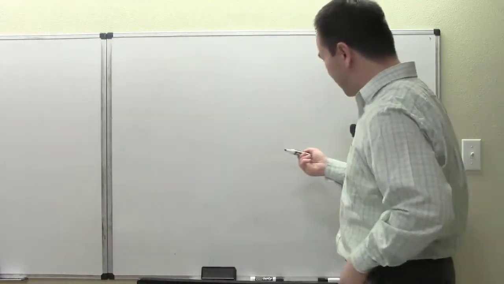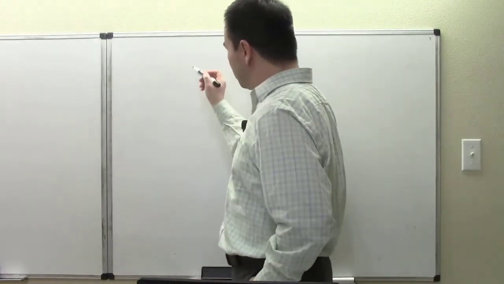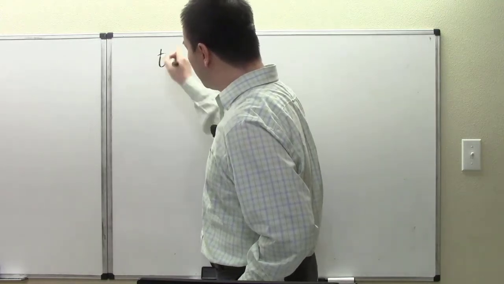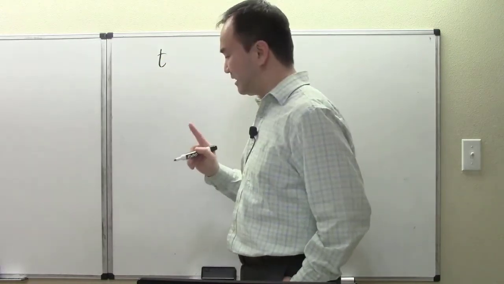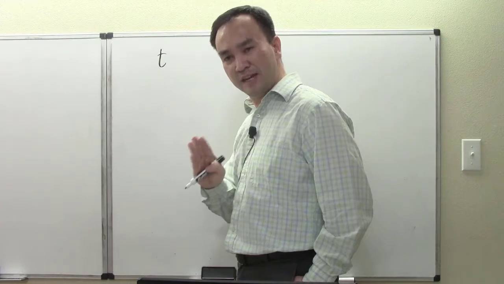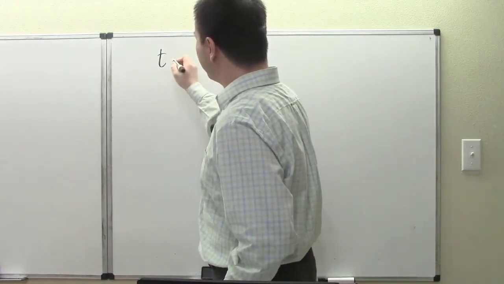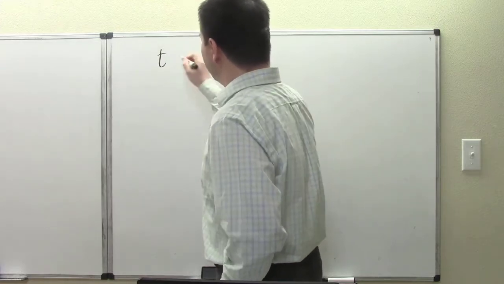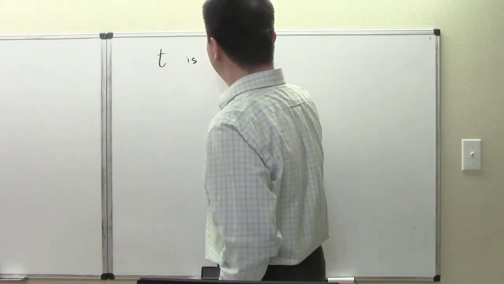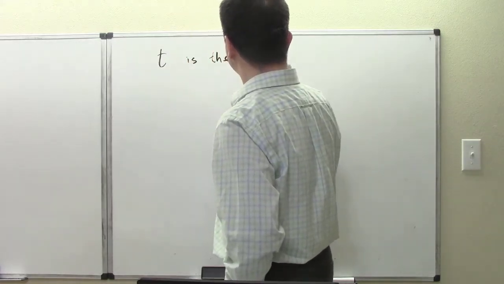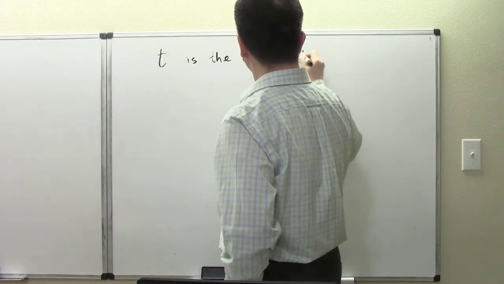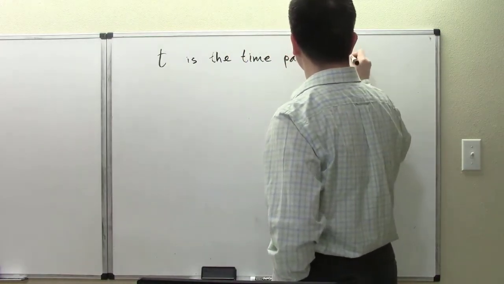And so before we get further, I just have to clarify that, and now allow me to start writing on the board here. Recall that our variable t is the time past 1960.